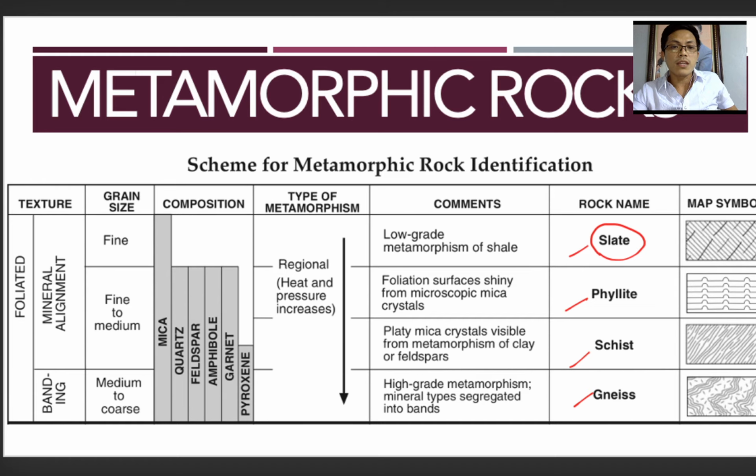So we can have phyllite. Add a little more heat and pressure, and we will transform it into schist. And if we have a high-grade metamorphism, we will have gneiss. So there is much pressure and heat application.